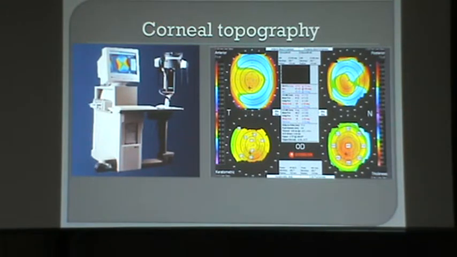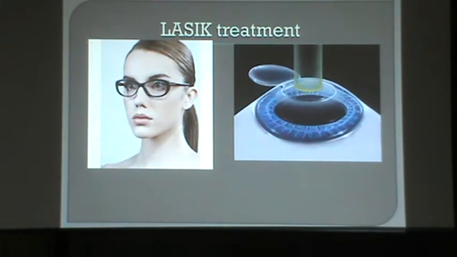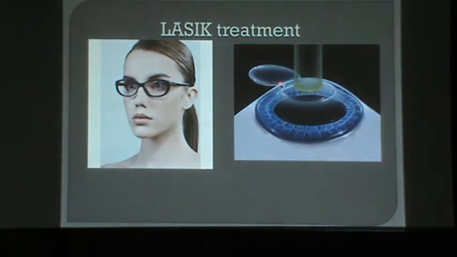Because in LASIK treatment, where we remove your glasses and resurface the cornea, it depends on the surface of the cornea, curvature and thickness of the cornea. This surface is beautifully measured with these corneal topographers, and this has made us able to treat all of your glasses related problems. So this is how LASIK is done.